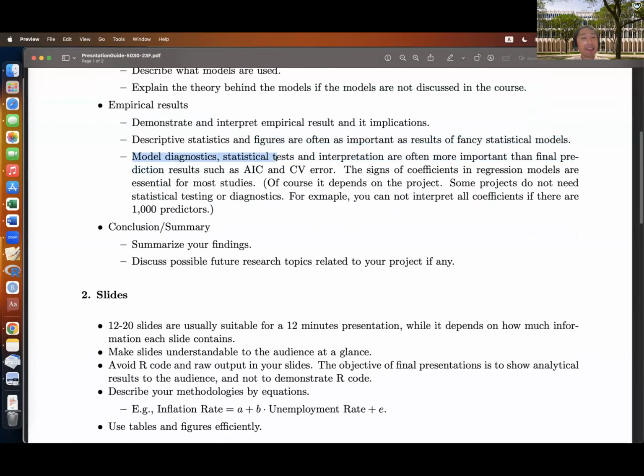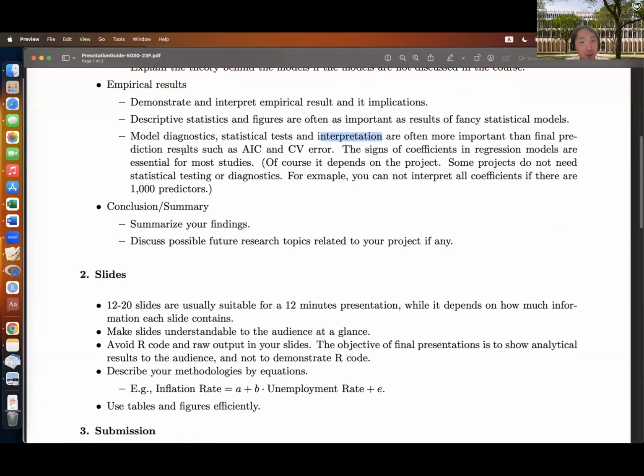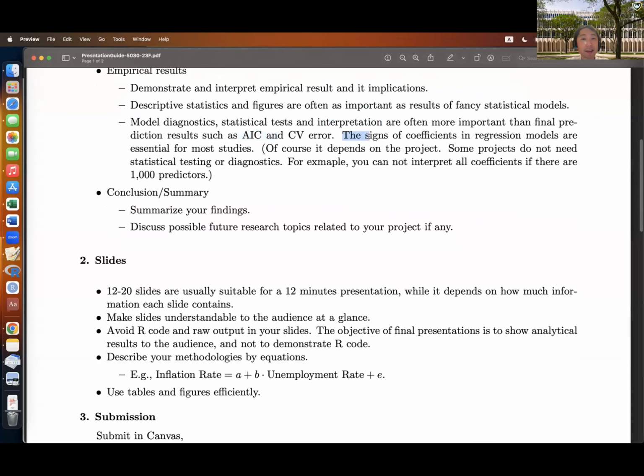And again, this is a statistics class, so the model diagnostics, like the residual plot, QQ plot, and the test results and the interpretation of the results are often more important than the final prediction models, such as the model chosen by stepwise AIC or cross-validation. So signs are important.